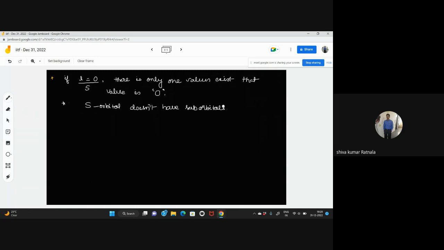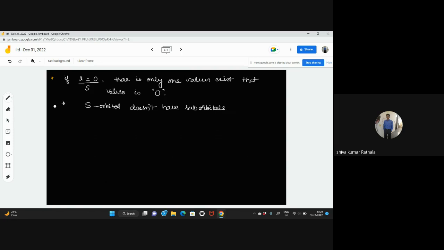Okay, S orbital doesn't have any suborbitals. This is about the magnetic quantum number.